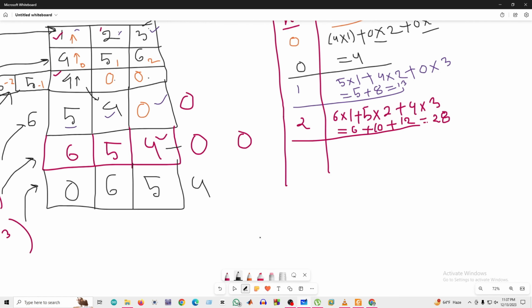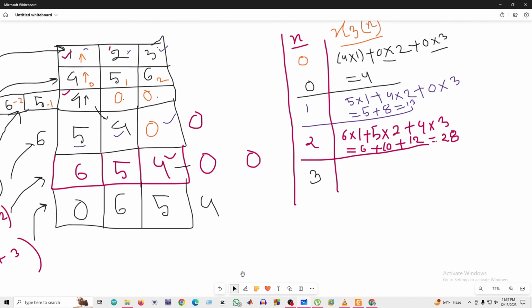So now you want to decide, okay, fine, I want to write the situation at n equal to 3. So again you have 0 and you have 1. So let me just multiply these things. So 0 times 1 plus here 6, and here is 2.